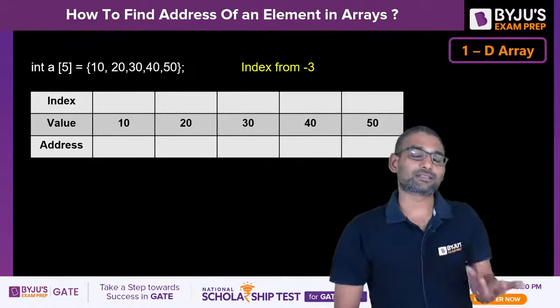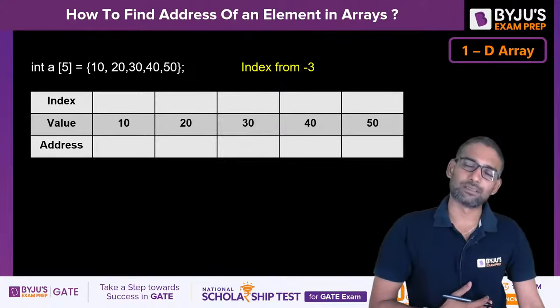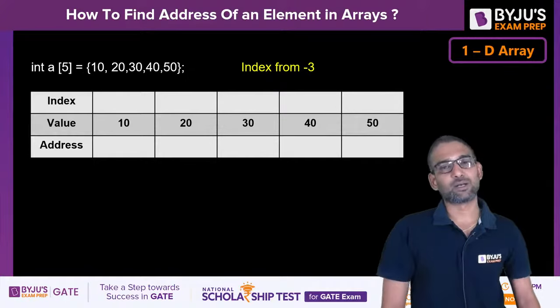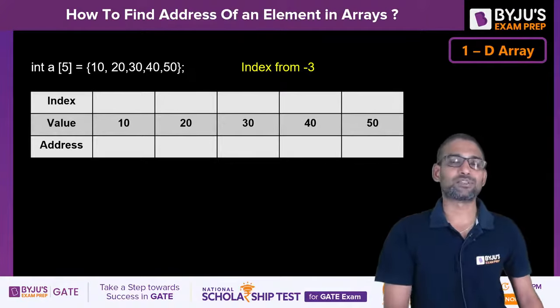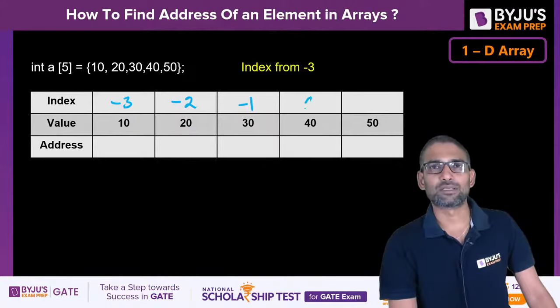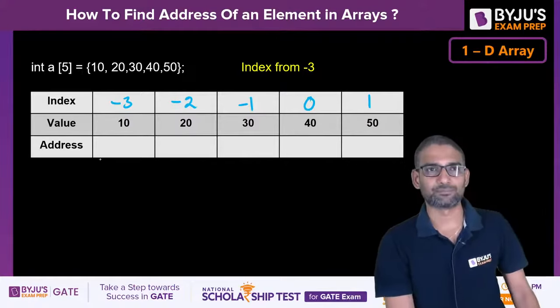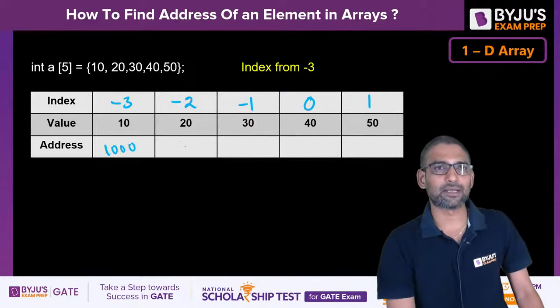Okay, let us take, if the index is starting from negative, sir, is it possible? In real, I can say no, but for the problem's sake, it may be given. So, let us take minus 3, minus 2, minus 1, 0, 1. Index is started from minus 3. Again I am taking the base address as 1000, size of each element as 4 bytes.